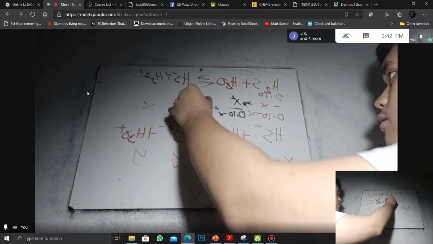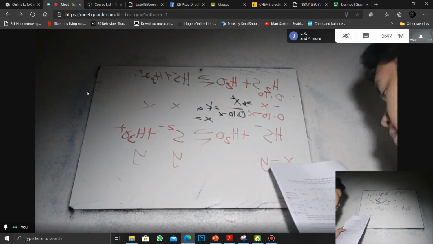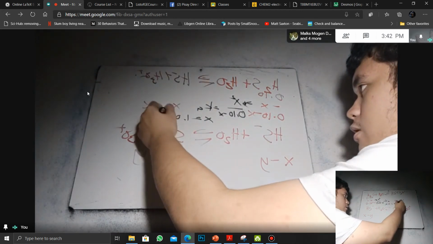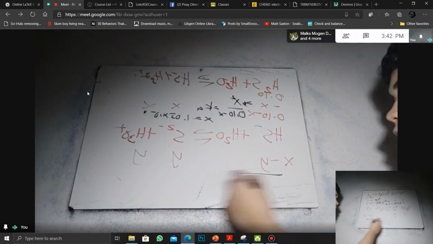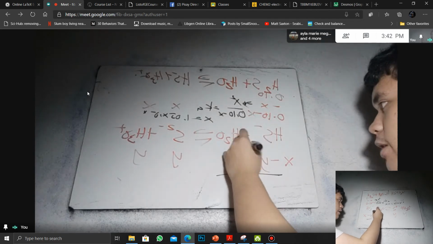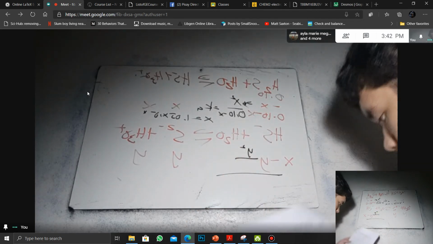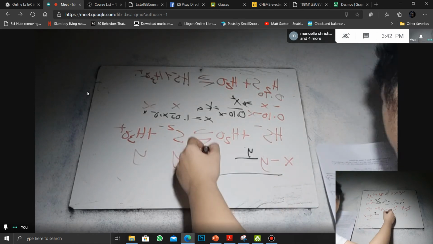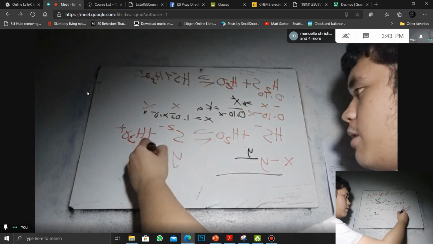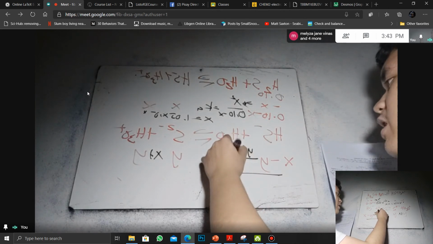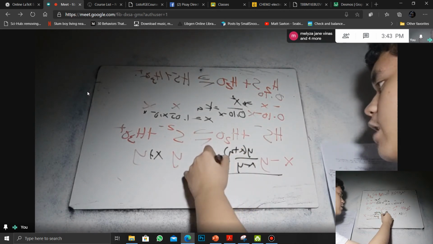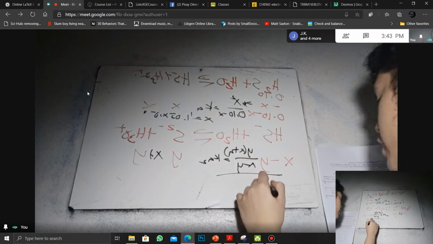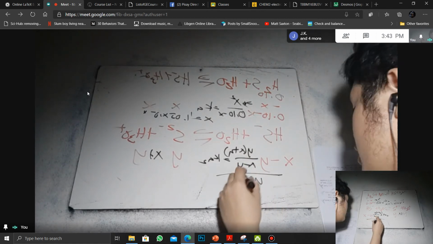X equals 1.05 times 10 to the negative 4. Tapos solve for y mula dito: x plus y times y over x minus y equals Ka2. So dito, you'll get y equals to 6.19 times 10 to the negative 8.